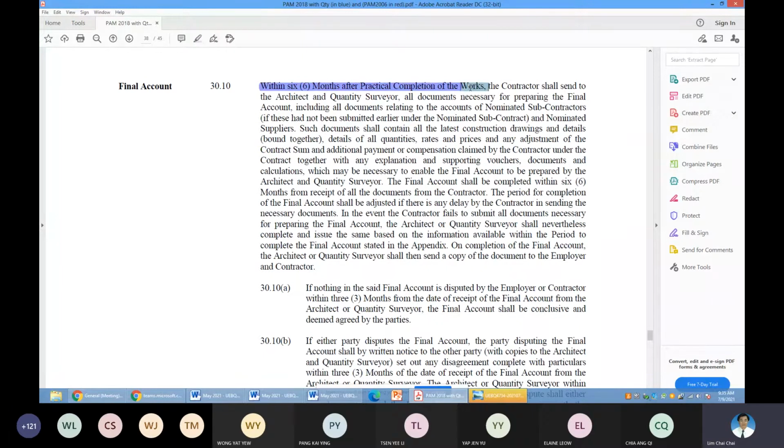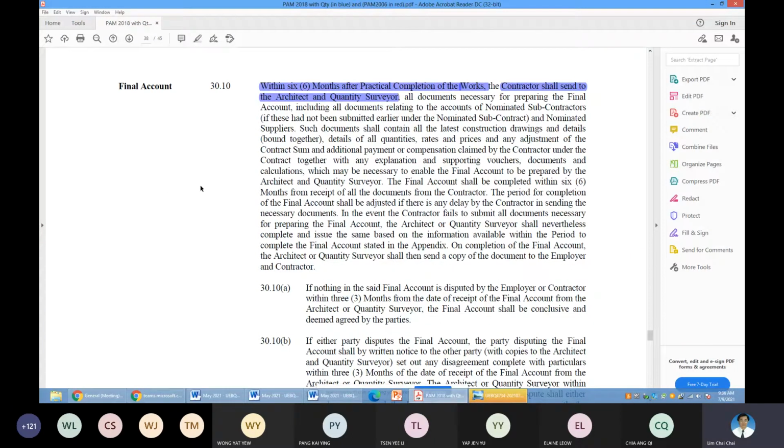The QS is going to be a very busy person when you receive the CPC. Okay, so what will happen is this: within the 6 months after the CPC, the contractor must submit all their entitlement. I mentioned to you, the contractor must send all their entitlements to the QS and the architect for determination of the quantity, the rates, claims, whatever.